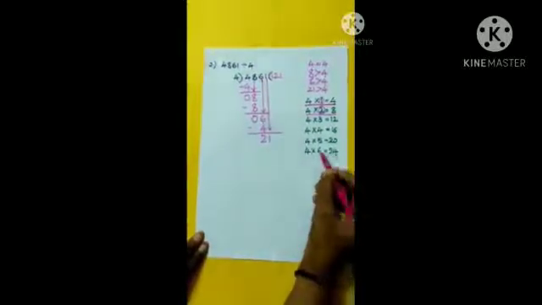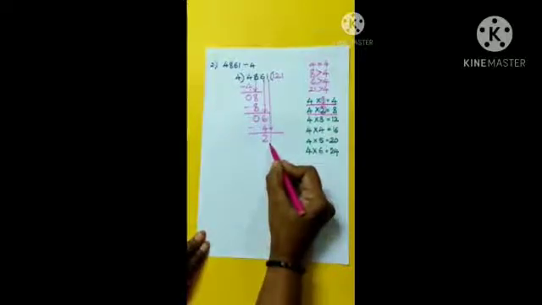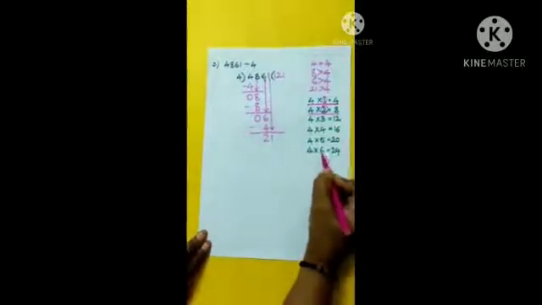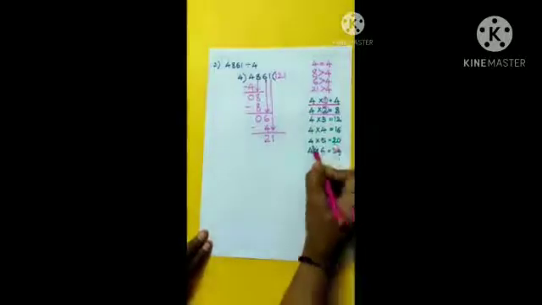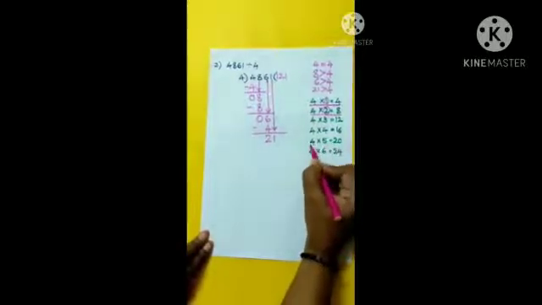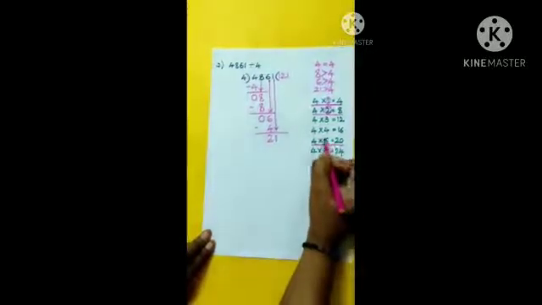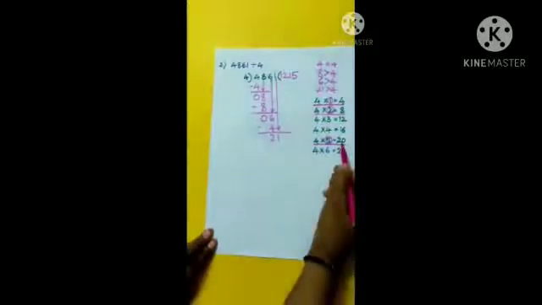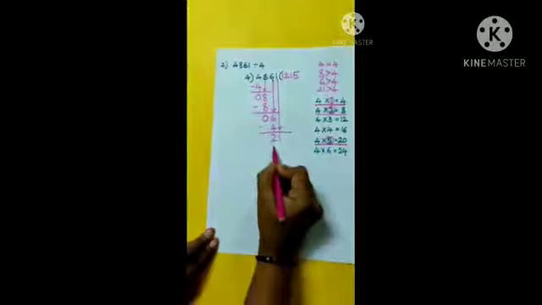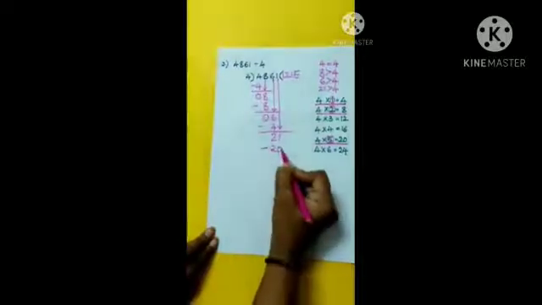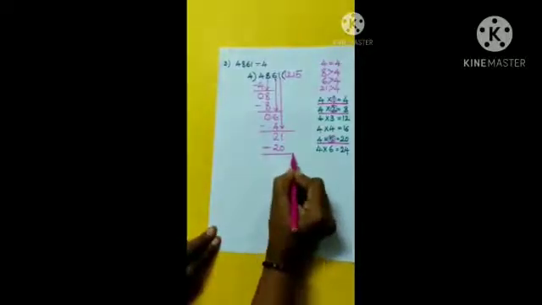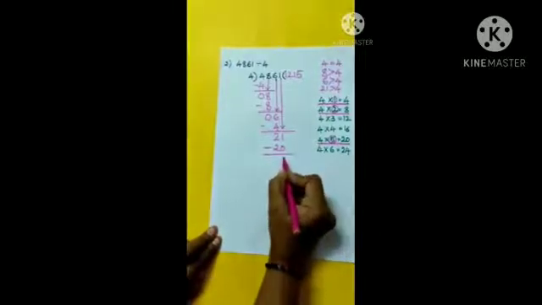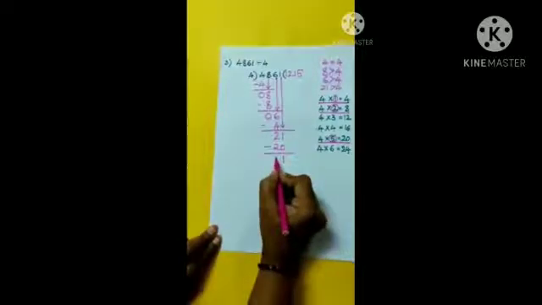Since 24 is greater than 21, we cannot take 4 6s are 24. We have to take 4 5s are 20. We write 5 in the quotient and we write 20 under 21 and subtract 20 from 21. 1 minus 0, 1. 2 minus 2, 0.